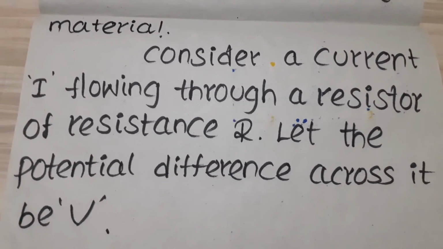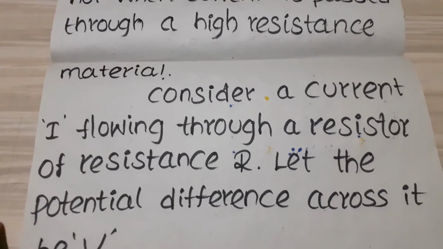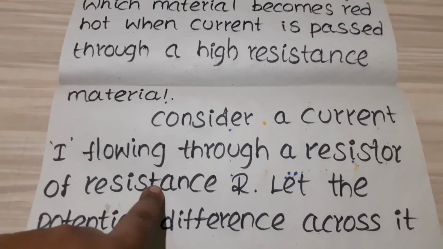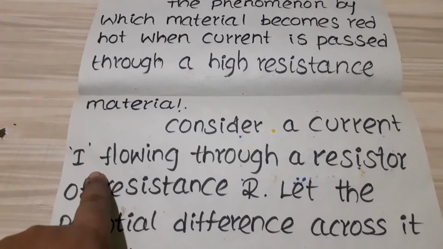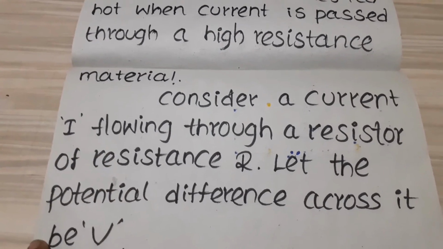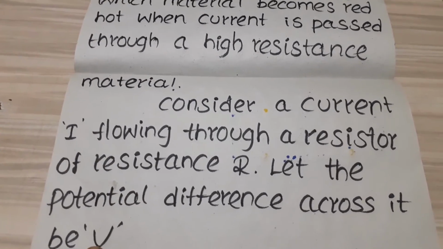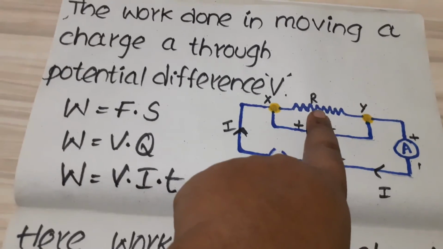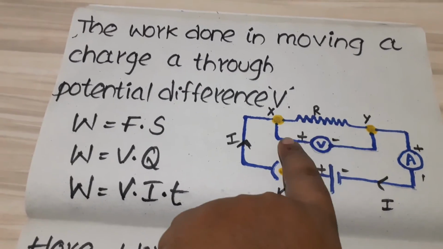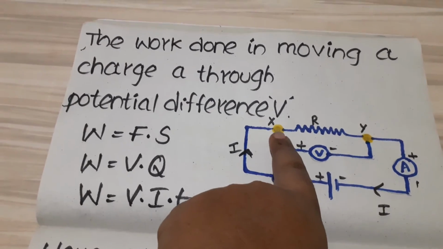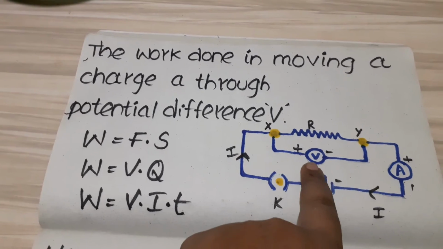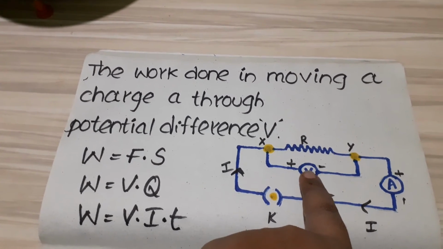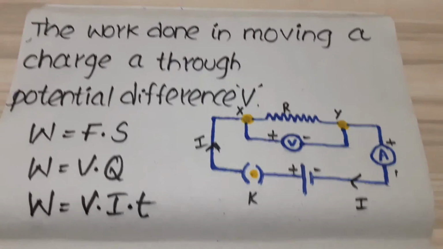Consider a current I flowing through a resistor. The amount of current is I. Let the potential difference across the resistor be V. This is the resistor, with X and Y as its ends. I am going to measure the current and potential difference using an ammeter and voltmeter.